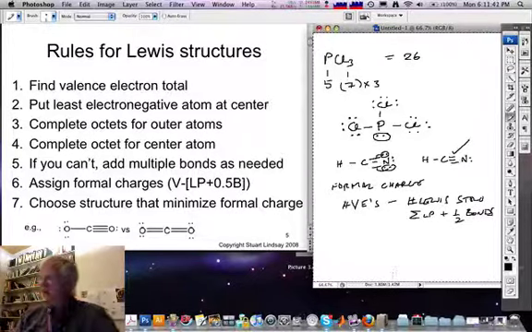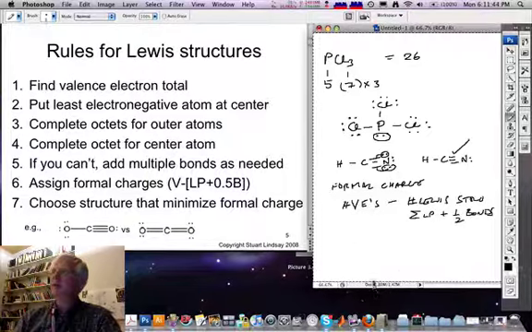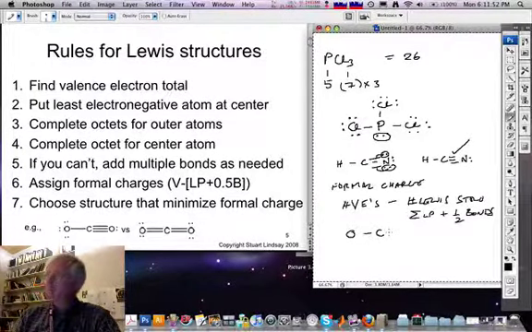So let's take a look at a structure that may have some ambiguity in it. Let's draw carbon dioxide. We might try it this way, by analogy with our hydrogen cyanide.